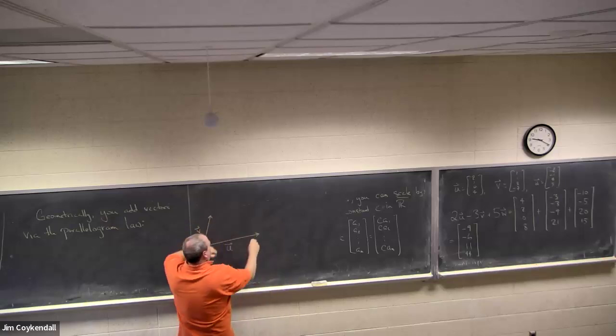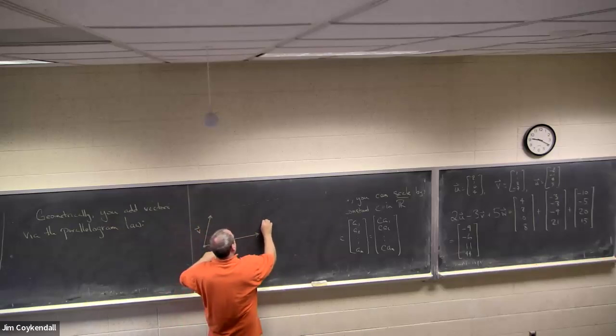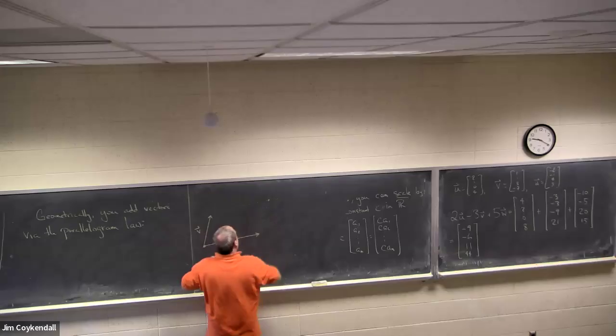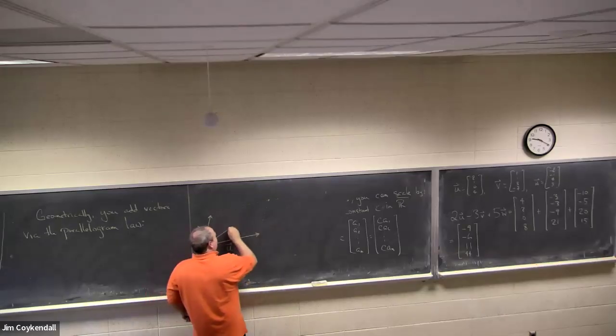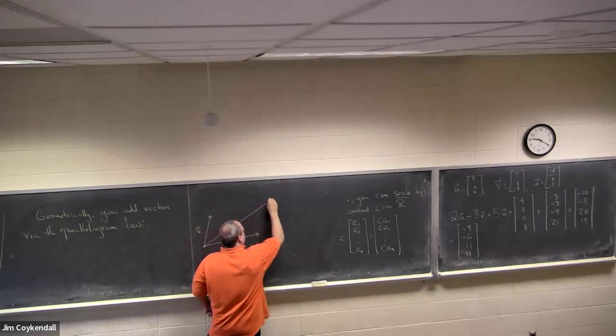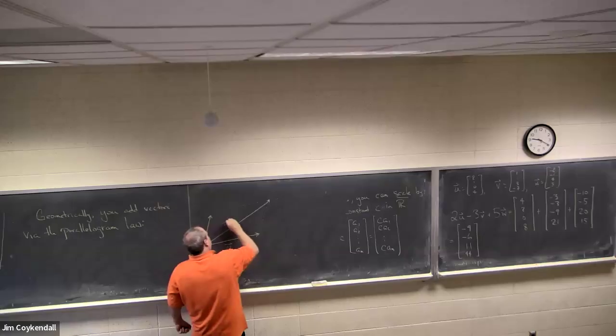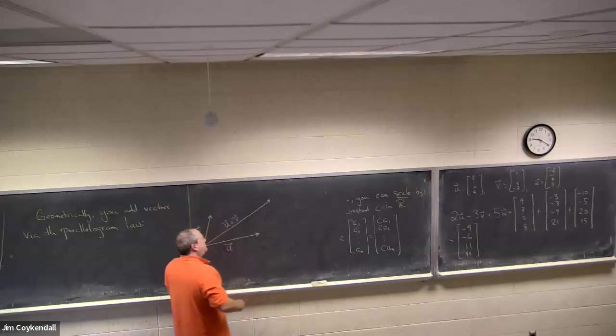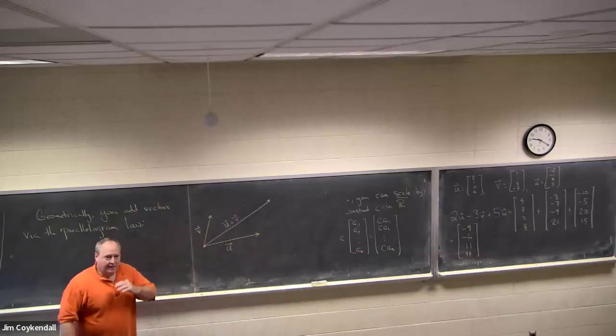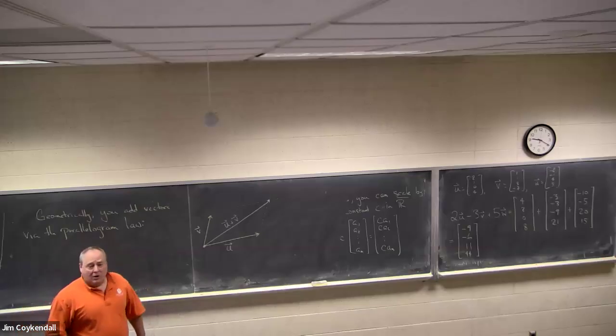Okay, so that's supposed to be parallel to this, and this is supposed to be parallel to this. So here's my parallelogram, and I did that right. And you can actually do a computation and show this works.